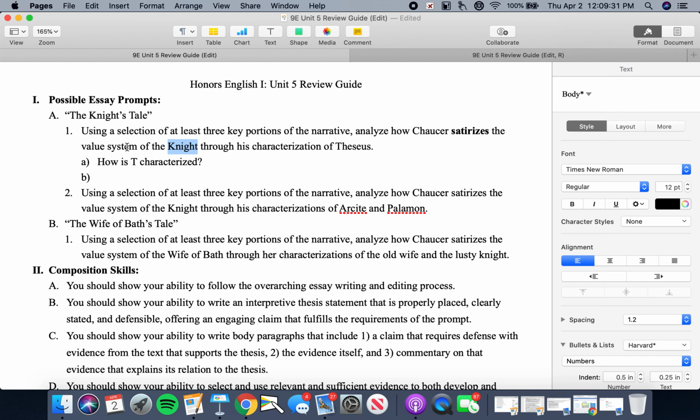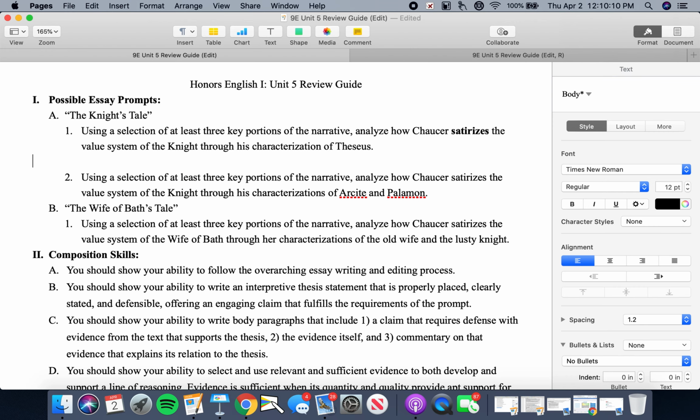What is his ethical or moral commitments that we can see in the narrative? All right, establish a clear interpretation of that, and then explain to me how this mocks or satirizes this value system. Okay, so how is Theseus characterized, and how does Theseus's characterization, right, satirize the knight? All right, so those 2 questions need to be addressed in your thesis statement.